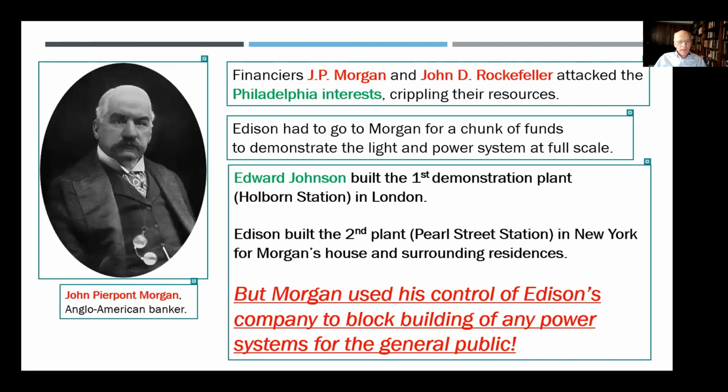Now, you have to understand the financial situation at the time. If you don't get what's on this slide, you haven't understood anything about Edison or really about American history. Unfortunately, you have to go into Edison's papers and other direct sources and some biographies to get the story, because this is deeply, deeply embarrassing to the Anglo-American establishment.